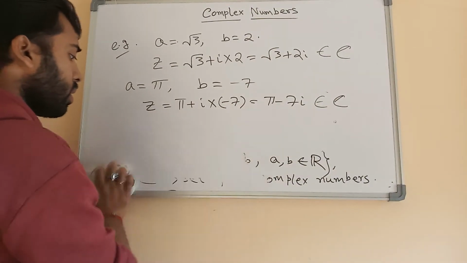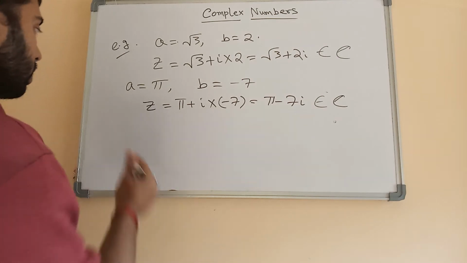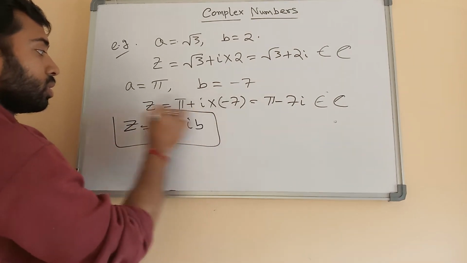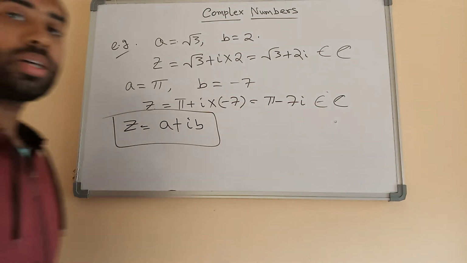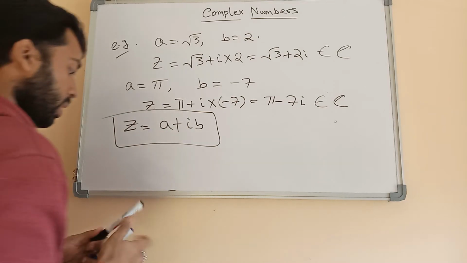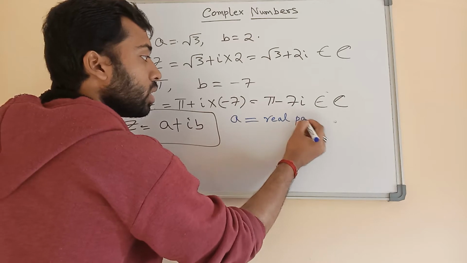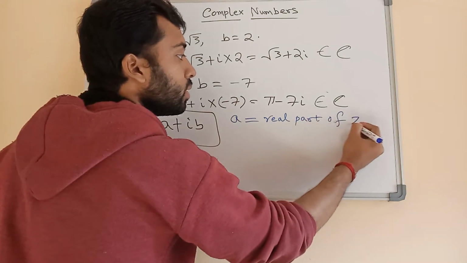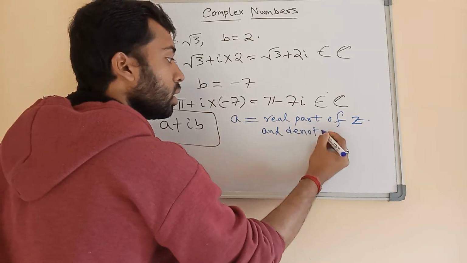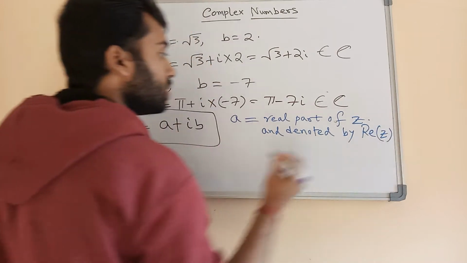Now there are some special names for a and b. Every complex number has the form a plus ib, and there is a special name for a and b. a is called the real part of z and is denoted by Re(z).